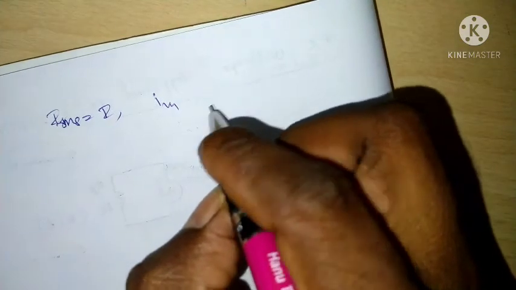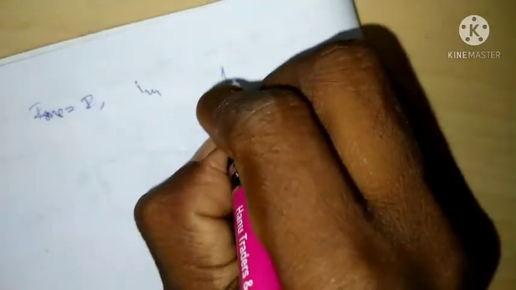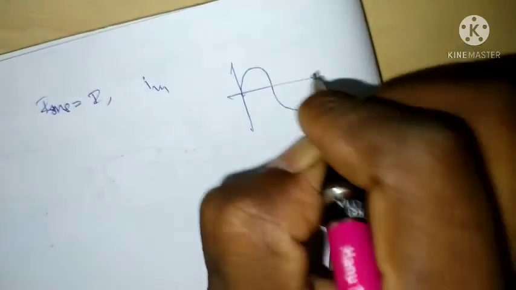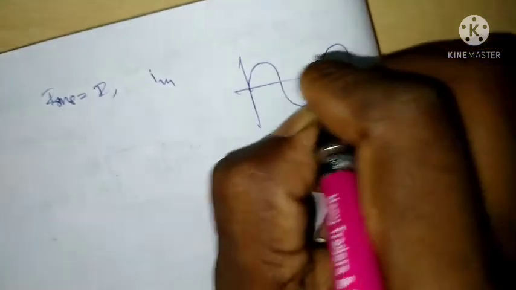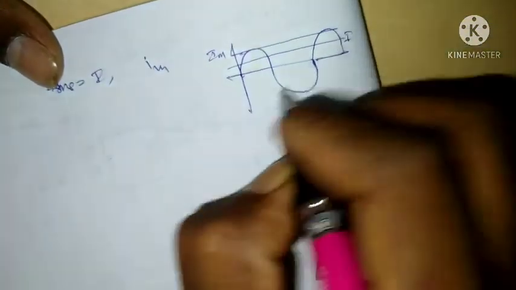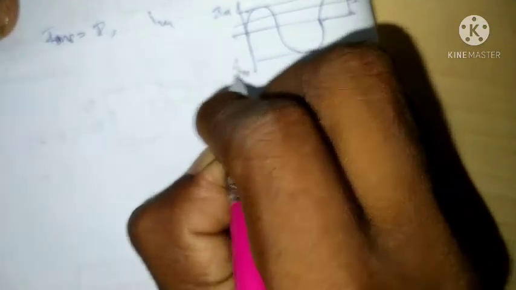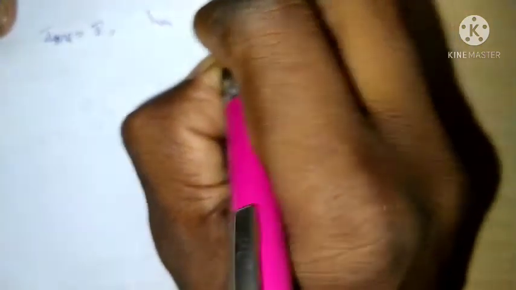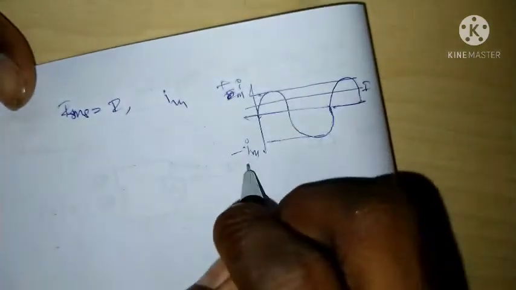That was discussed in the previous chapter, and we will also discuss it today. This is Im, this is positive, this is negative Im.